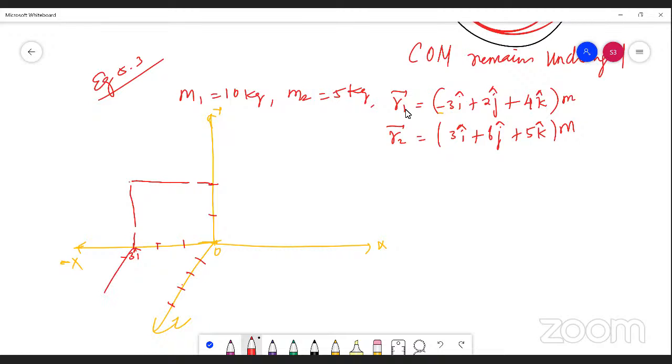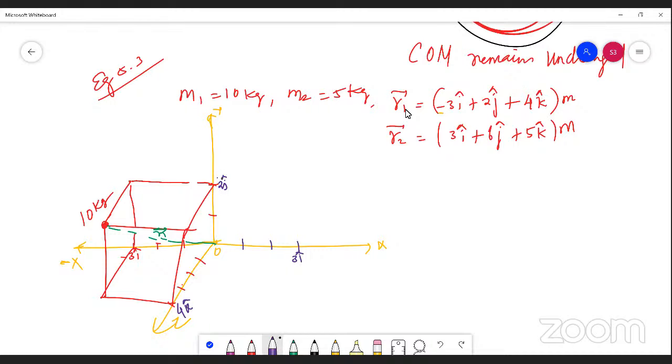This is the position of the 10 kilogram mass, drawn from the origin. So this is R1, the position vector of the 10 kilogram mass. And where is the 5 kilogram mass present? This is 3i cap, this is 2j, and this one is 4k cap.